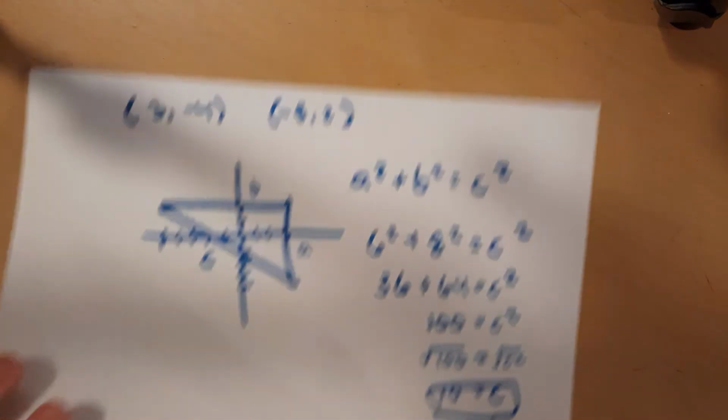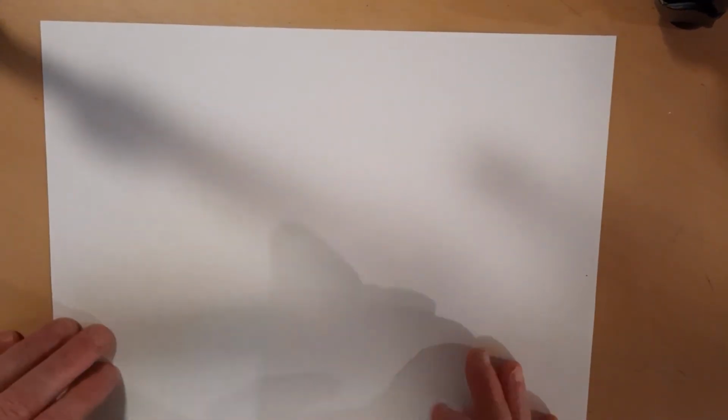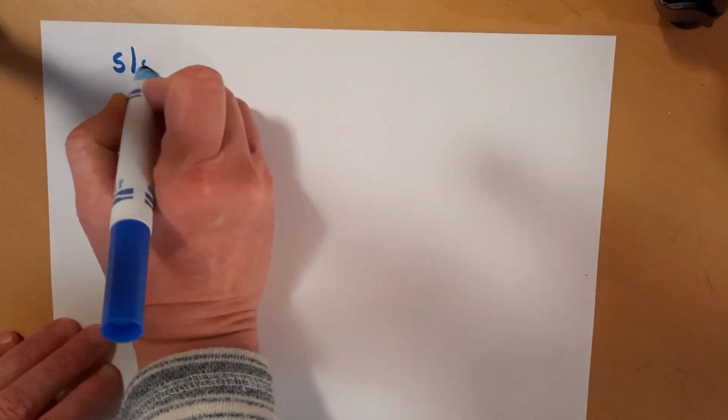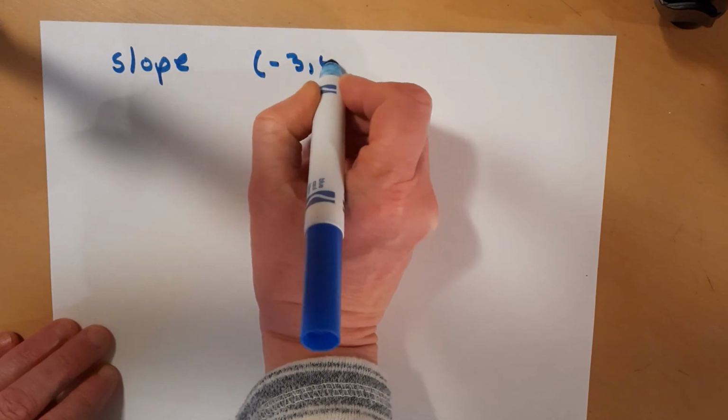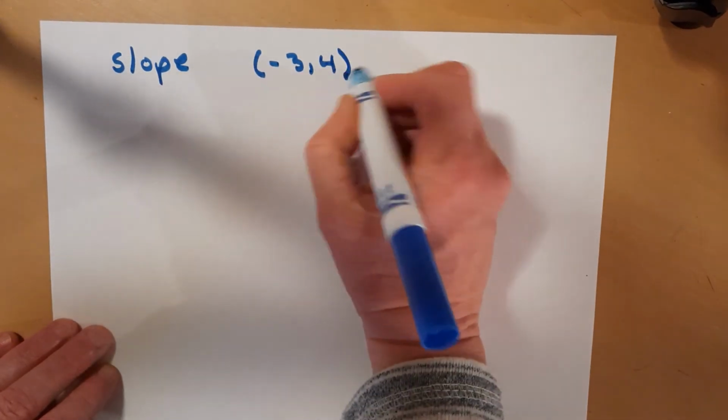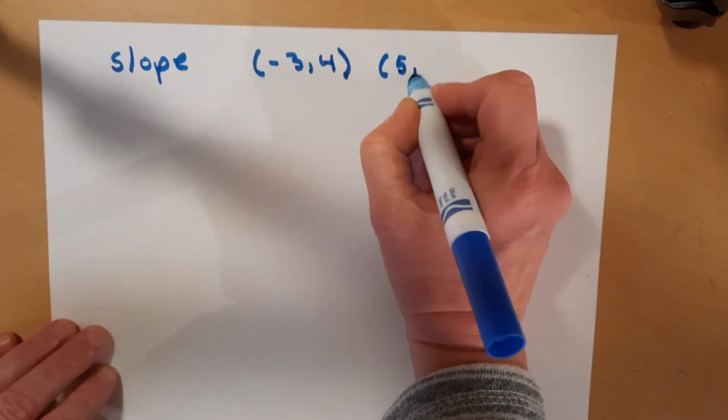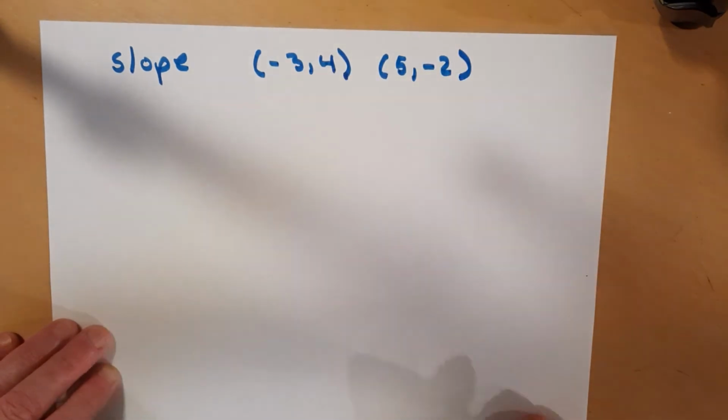The other thing in this chapter asks you to find the slope of the line that passes through 2 points. I think we did this already, but I'll show you very quickly how to do that. If it says find the slope of the line that passes through (-3, 4) and (5, -2), you actually don't even need to draw the line to figure this out.